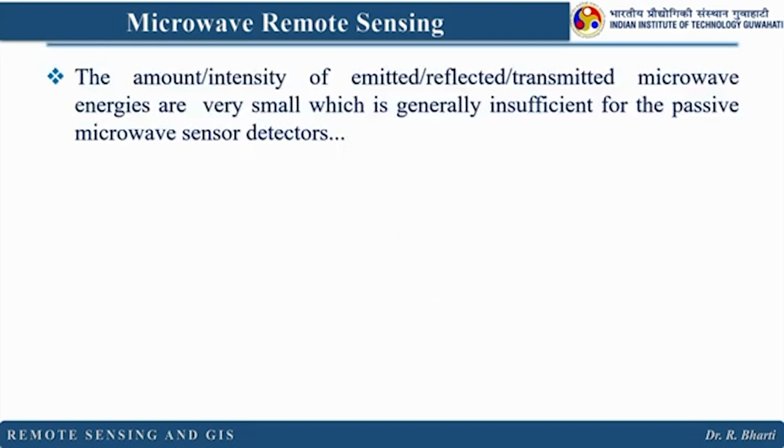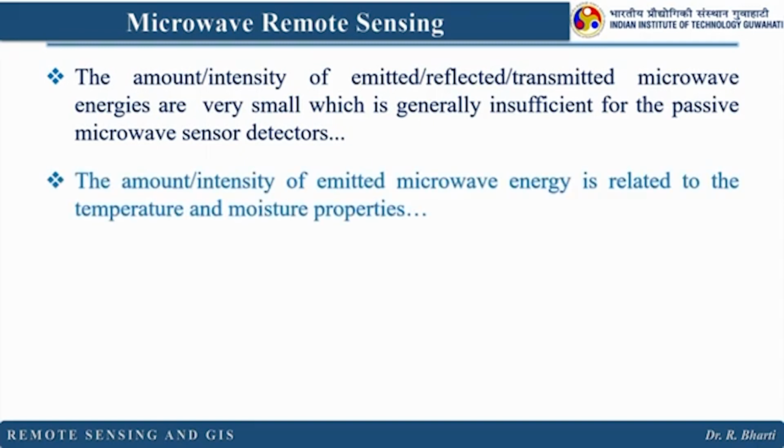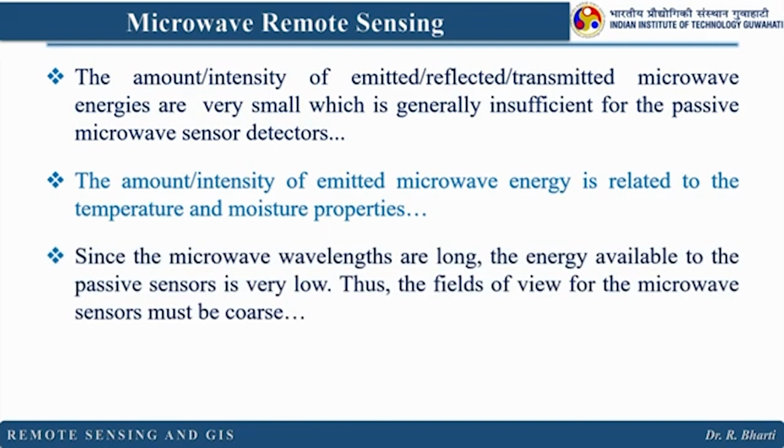The amount or intensity of emitted, reflected or transmitted microwave energy is very small, which is generally insufficient for a microwave passive sensor detector. The intensity of emitted microwave energy is related to the temperature and moisture property of the target. Since the microwave wavelengths are long, the energy available to a passive sensor is very low.